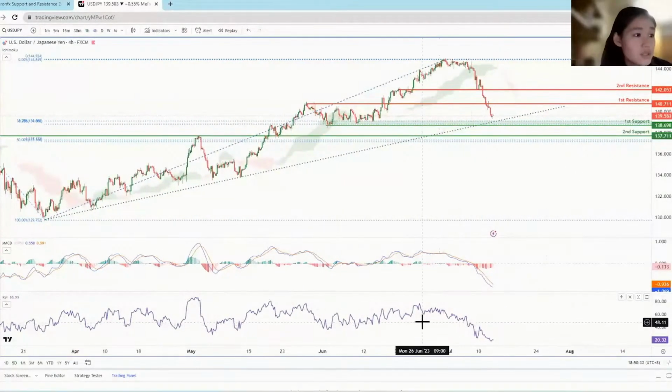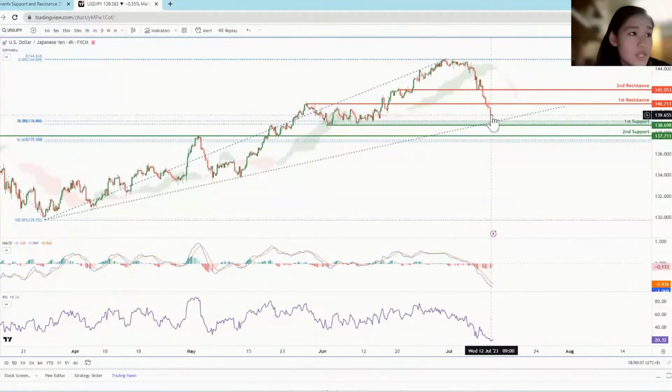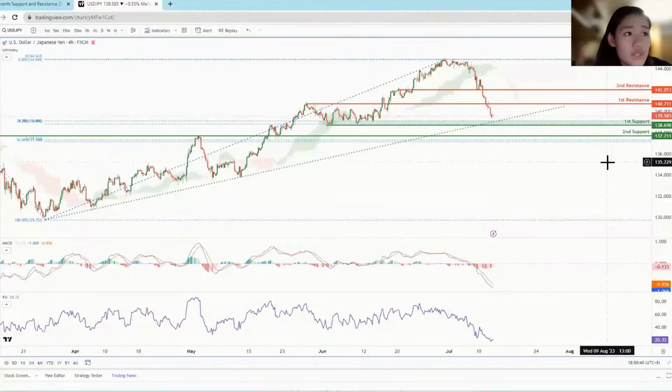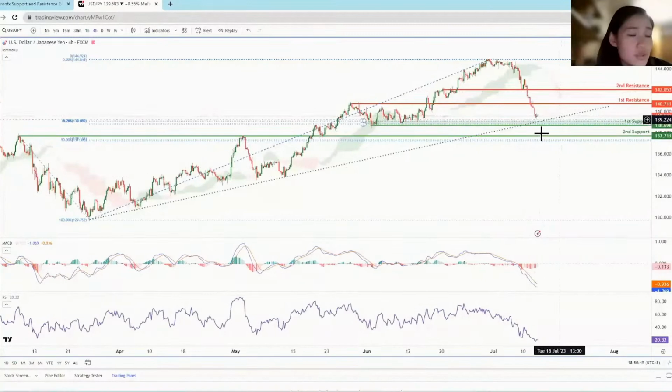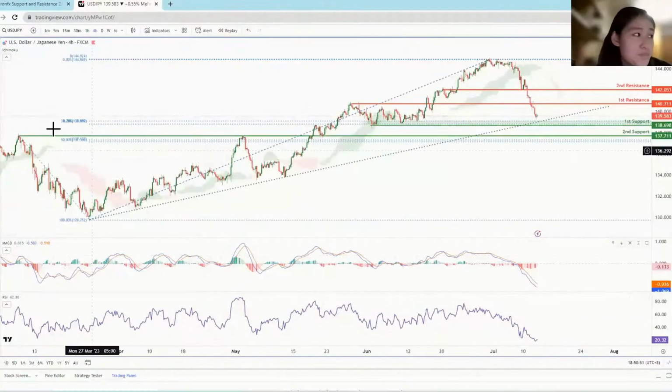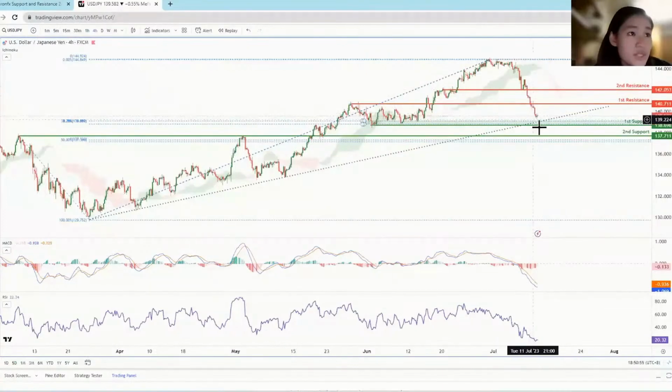Okay, RSI is also giving us bearish. So we can definitely expect price to continue downwards towards our first support. As to whether it will break out, as I mentioned, it probably won't, because of the huge confluence area over there. So there's a high chance it will reverse off of the first support or this ascending trend line.